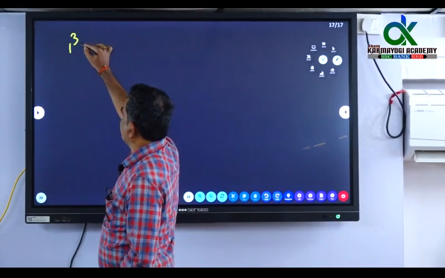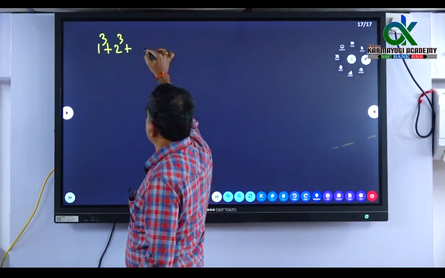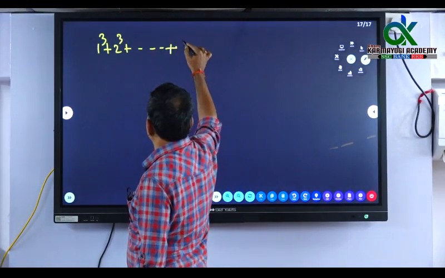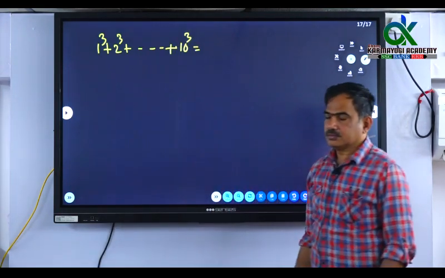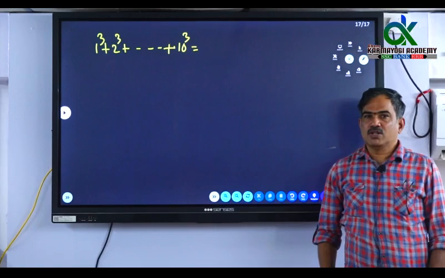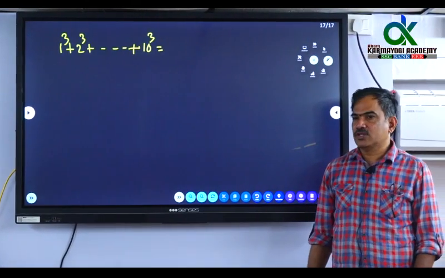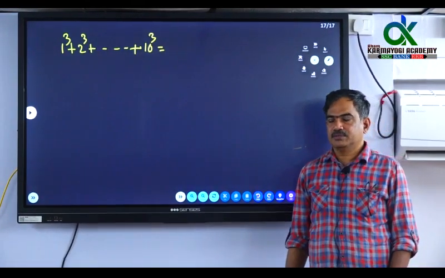What is 1 cube plus 2 cube plus 3 cube plus and so on plus 10 cube?